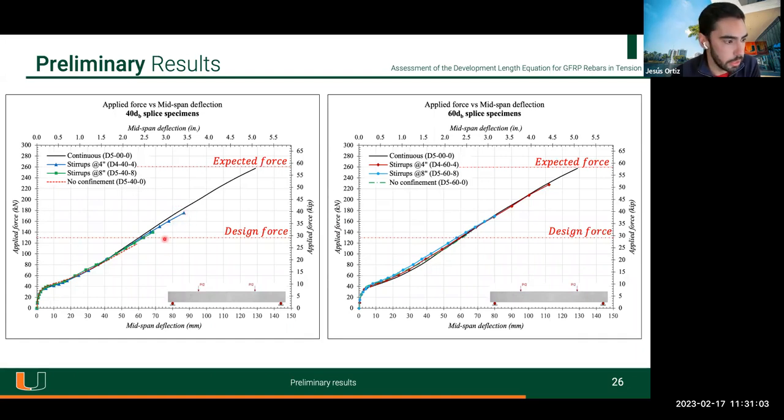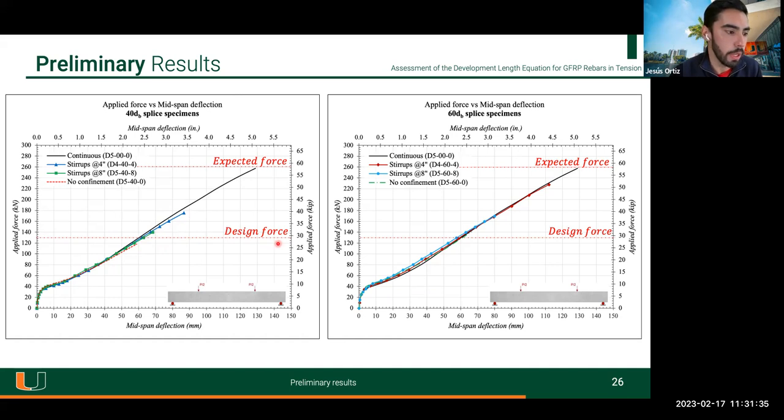The green one is stirrups every 8 inches, and the red one is without any stirrups, so we don't have any confinement. Here we can see that even though the ACI equation does not include the contribution of the stirrups, when we have stirrups, the separation of the stirrups helps with the capacity of the beam. Also, here I highlight the design force.